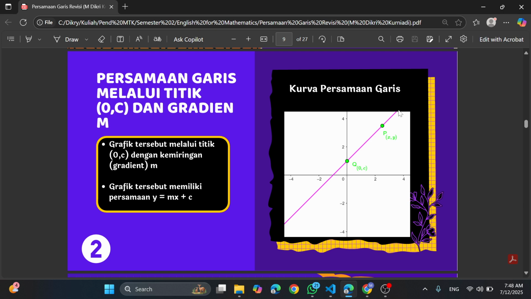You can see the curve of this equation. This is a point with 0, c, and this is a point with x and y.